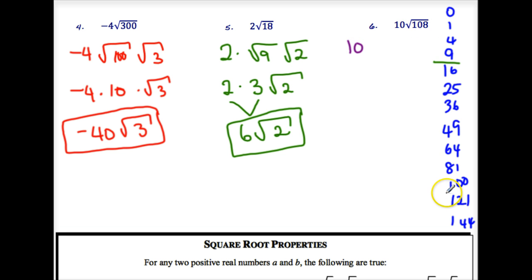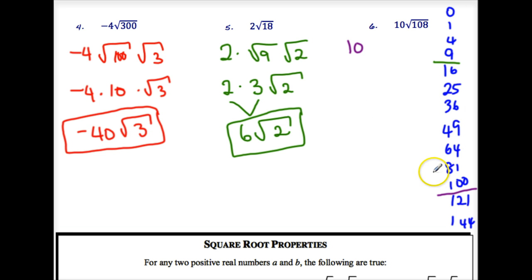108, I know 108 will be somewhere here. And again, what you want to do is check, is 100 a factor of 108? Nope. Is 81 a factor of 108? Nope. Is 64 a factor of 108? No. 108 divided by 49 is still not a factor. 108 divided by 36, though, is a factor.